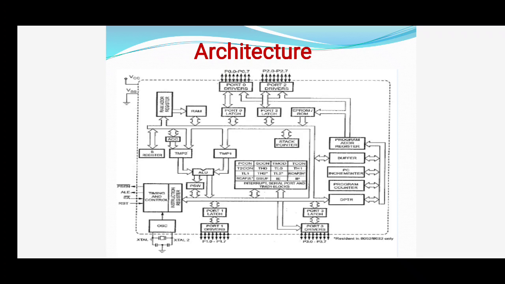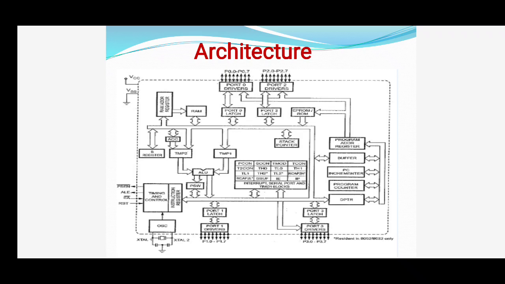RST is the reset signal. A high signal on RST takes the microcontroller to its initial condition. The rest of the signals are used when external memory is interfaced with the microcontroller, which we will discuss later.